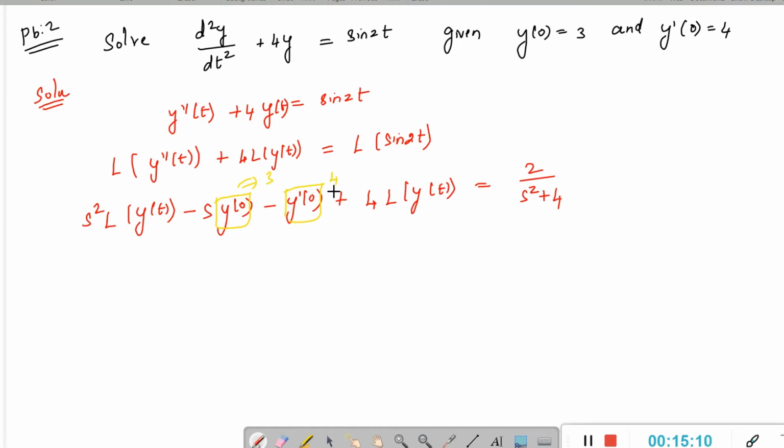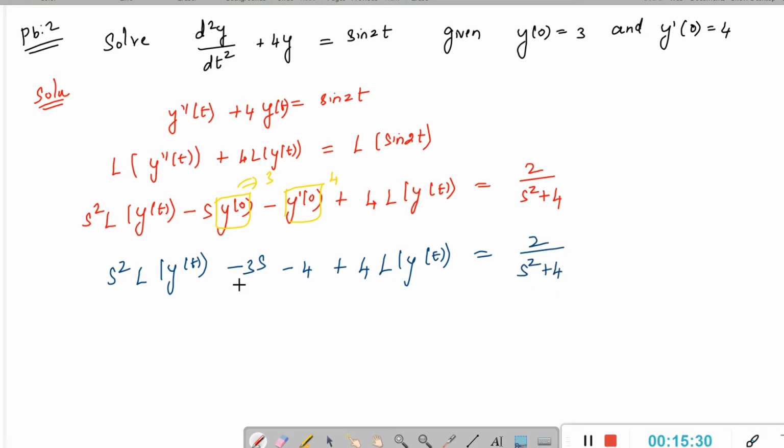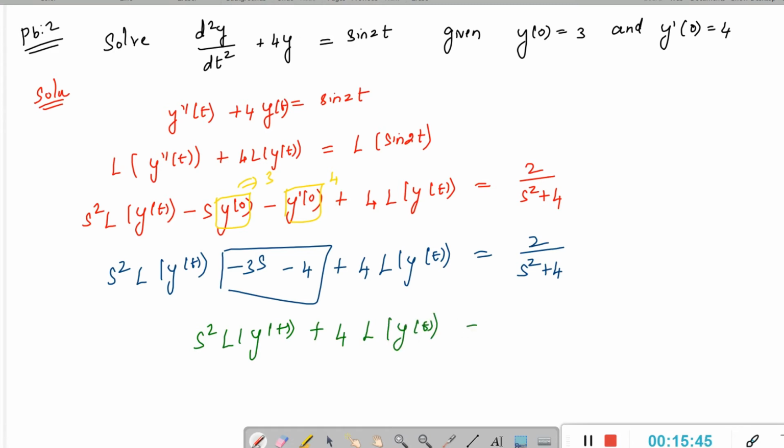I am going to substitute the initial conditions. From that you get s square L of y of t minus 3s minus 4 plus 4 into L of y of t equal to 2 by s square plus 4. I am going to shift these terms to the right hand side. From that you will get s square L of y of t plus 4 into L of y of t equal to 2 by s square plus 4 plus 3s plus 4.